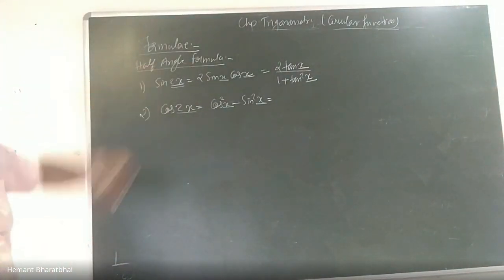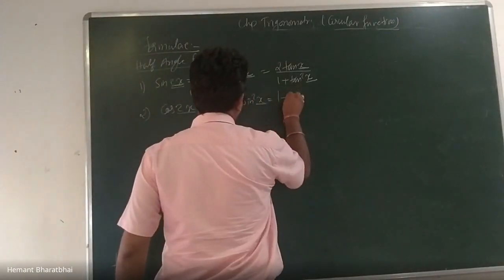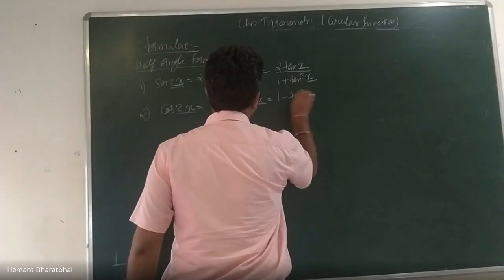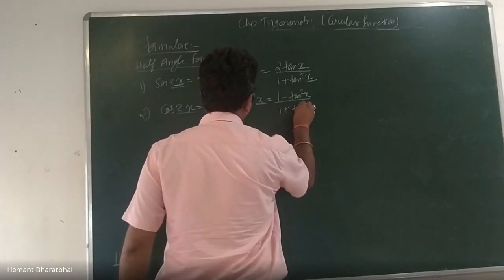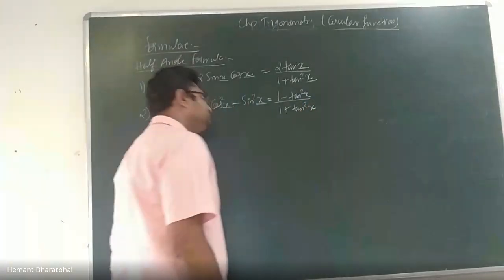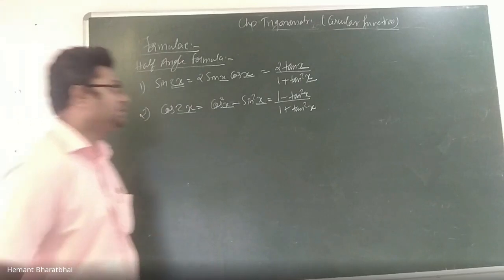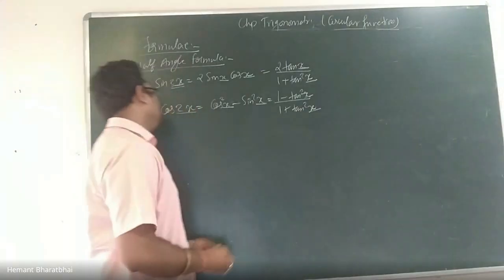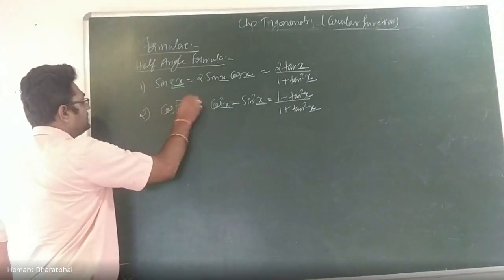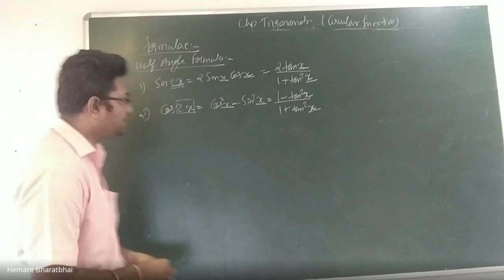Similar to sin, this is also available in terms of tan: cos 2x equals 1 minus tan square x upon 1 plus tan square x. In both cases the denominator is the same, 1 plus tan square x. Here also the angle on the left is 2x, whereas the angle on the right is x, which is half of 2x.